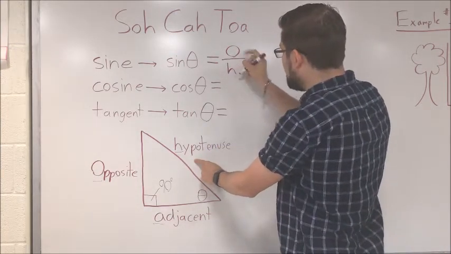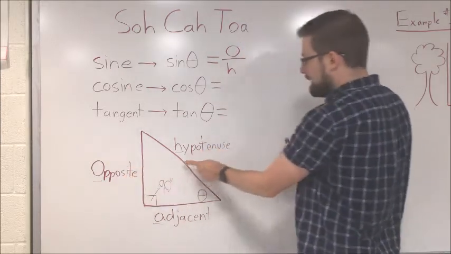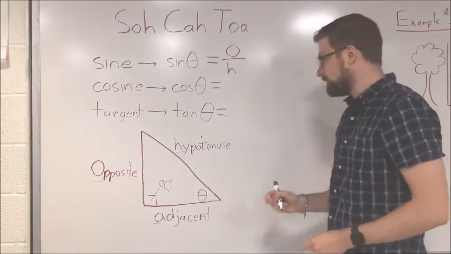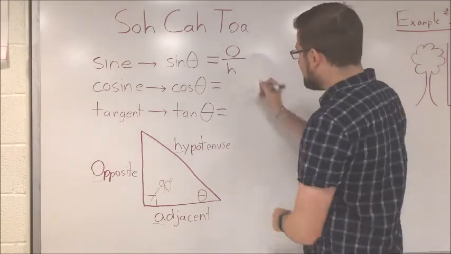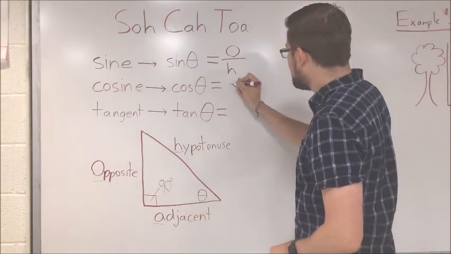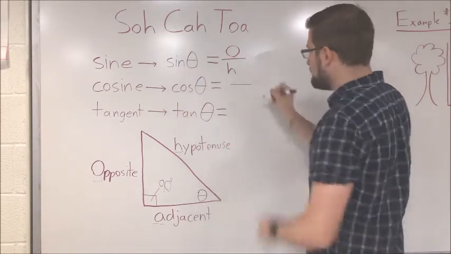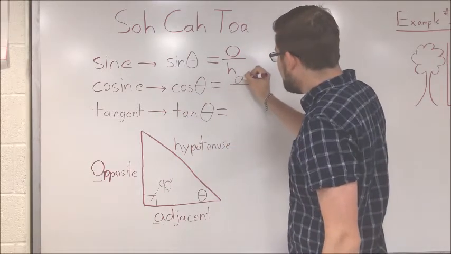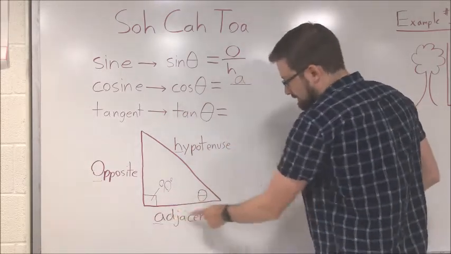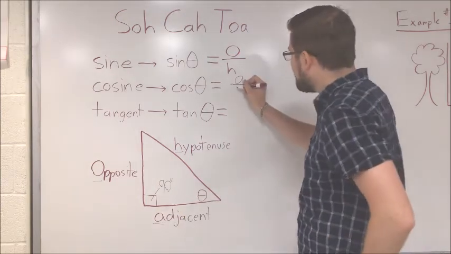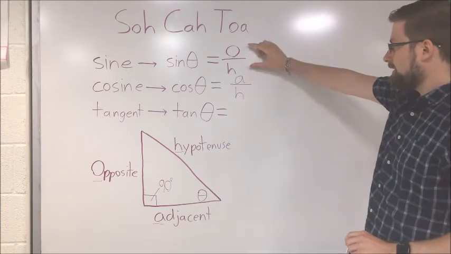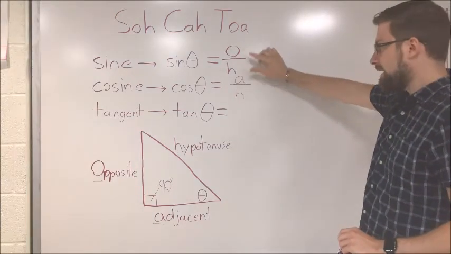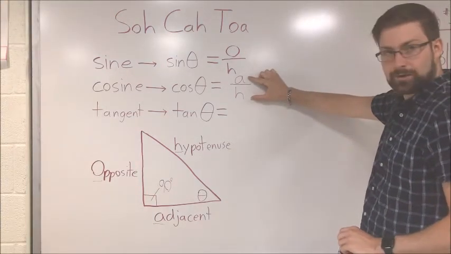And so I'm representing that by an O for opposite and an H for hypotenuse, okay? Cosine is very similar. It's going to be another fraction. Cosine of theta is going to be equal to the length of the adjacent side divided by the length of the hypotenuse. So the sine was O over H, and then cosine is A over H.